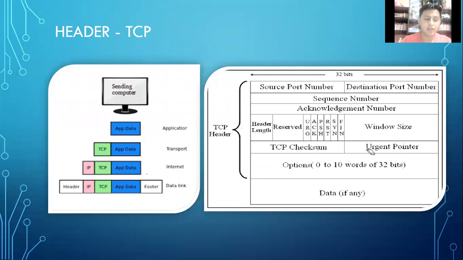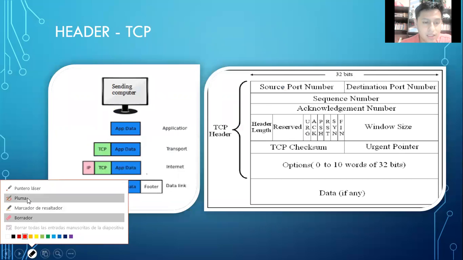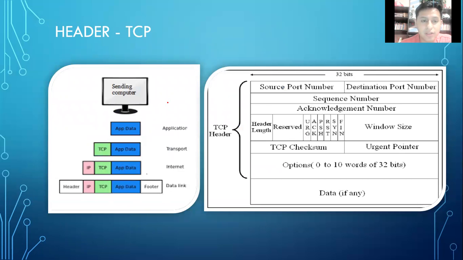Now, what is the TCP header? Why is it important in the transmission of the information? It's important because when the computer sends the information, the TCP header has these parts.